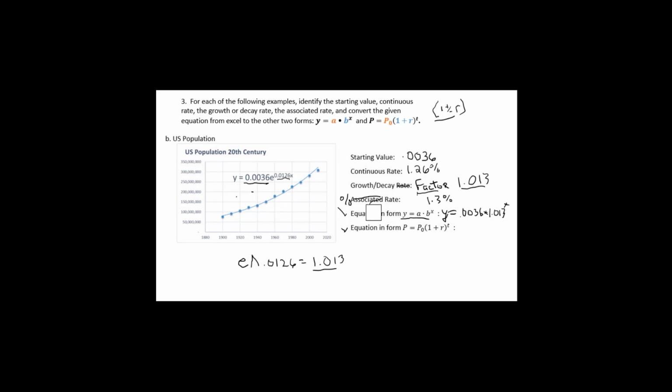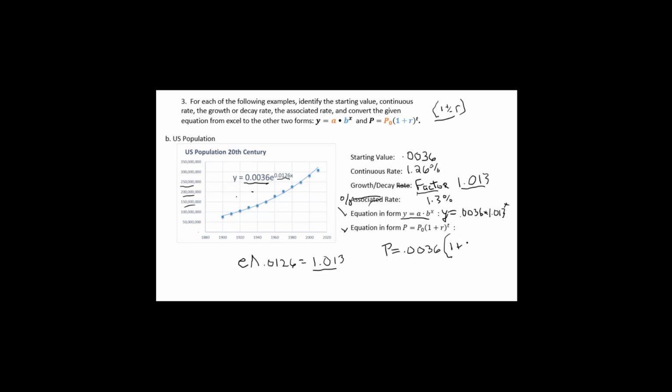So we're going to have our output, which is the population of the United States, equals the initial value, which is 0.0036, times 1 plus the rate, which is 1.3.